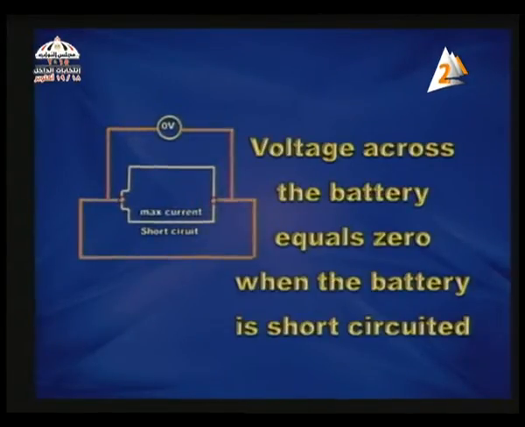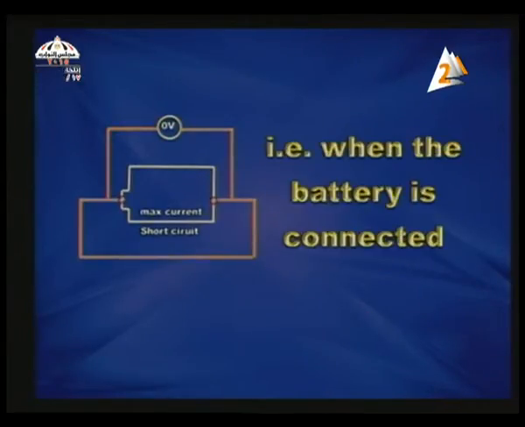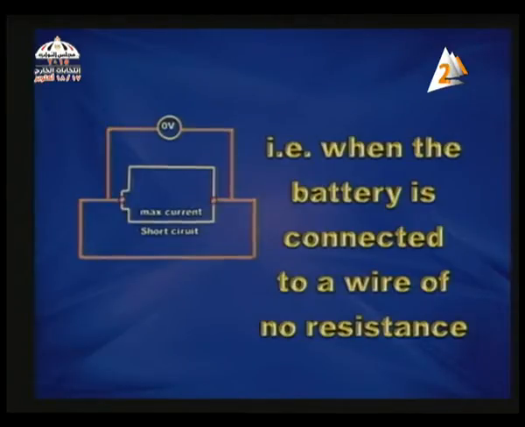What about the second important hint? Your attention. Here we've got a battery which is short-circuited. We don't have any resistance. There is a maximum current that flows. The reading of the voltmeter, which is the terminal voltage, is then equal to 0. Voltage across the battery equals 0 when the battery is short-circuited, that is, when the battery is connected to a wire of no resistance.